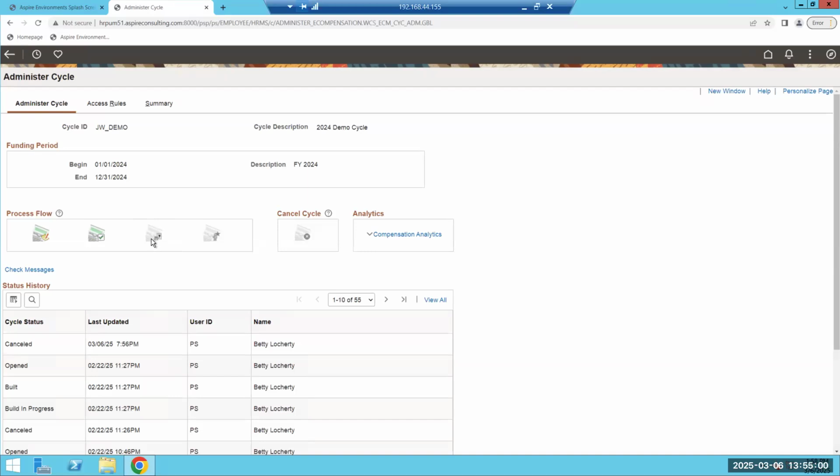So that's the load process. And then finally, we close out the cycle. So the build and the load are a couple of app engines that are doing some pretty significant work. The open and the close and the cancel really are just changing the state of the cycle.